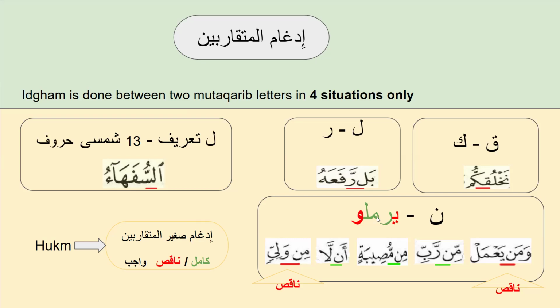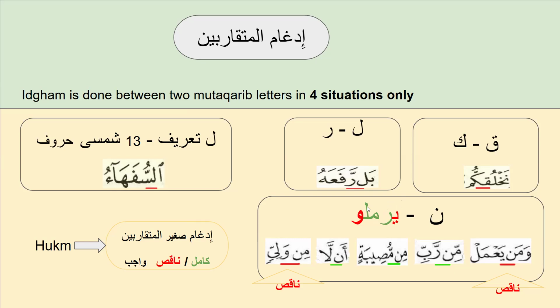Mim is not near to the makhraj of the noon because mim is from between the two lips. But mim shares at least 3 sifat with the noon. Therefore, we say the mim is mutaqarib to the noon due to their sifat. And the lam, again, the lam is from the near edge of the tongue, including the tip, touching the upper gums.